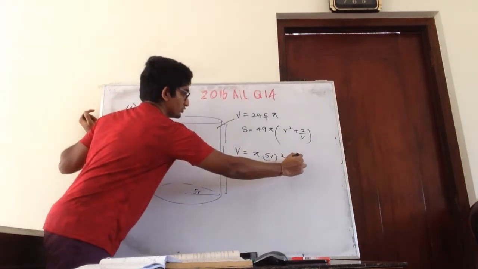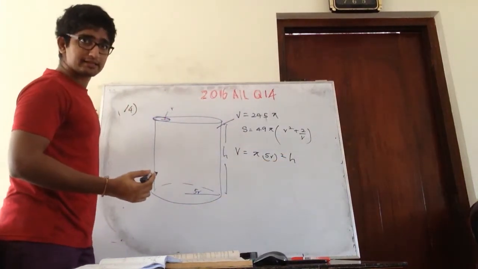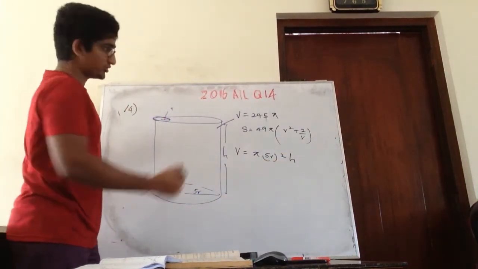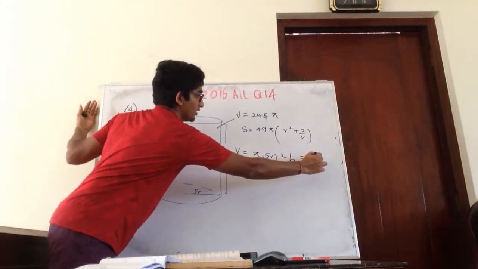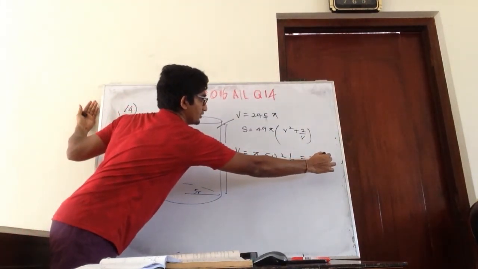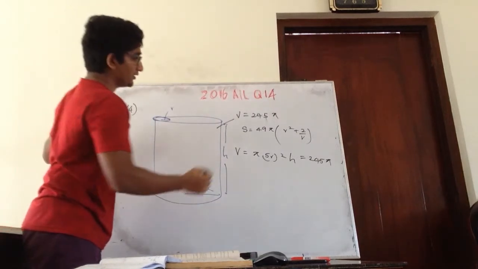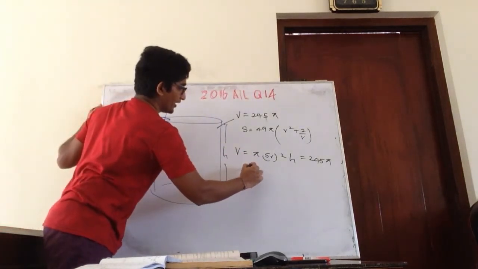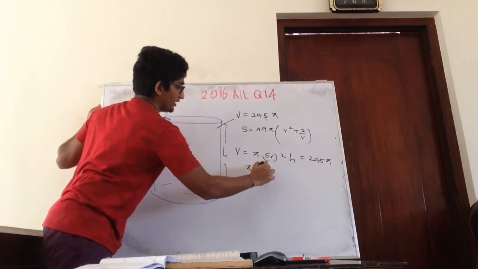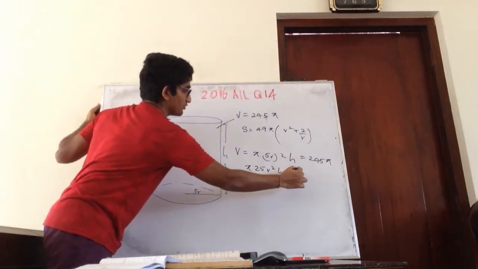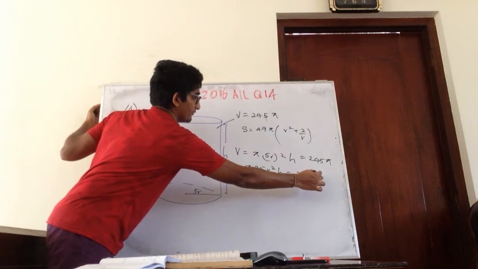Correct? So this is equal to 245π. So I will get π 25 r squared h equals 245π.